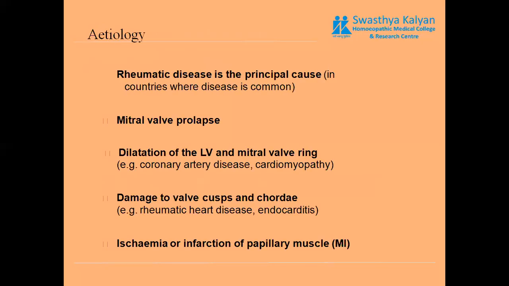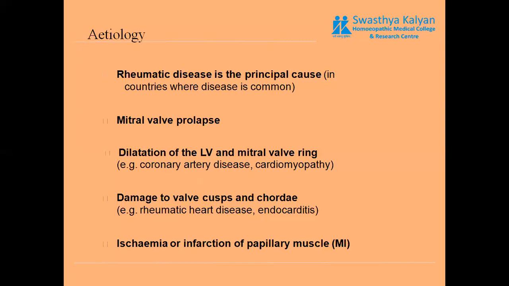Now, what is the etiology? Rheumatic disease is the principal cause. Second is mitral valve collapse. There is a prolapse of the mitral valve, where the supporting structures of the valve are not functioning properly, so it moves a little bit from its original position.